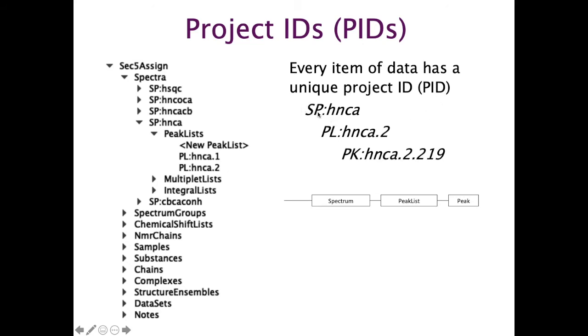So we've always got a two-letter code at the beginning, which specifies the type of data: SP for spectrum, PL for peak list, PK for peak, etc. And then comes the name, and you can see that the nesting is also reflected in the project ID. So the peak doesn't just have a number 219, it is PK:HNCA.2.219 to reflect the fact that it's in peak list 2 of spectrum HNCA.